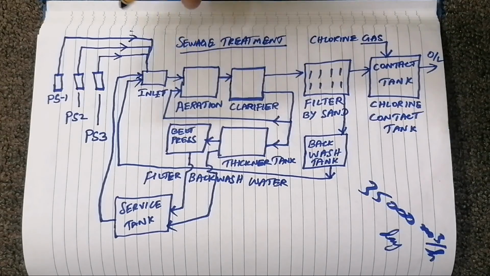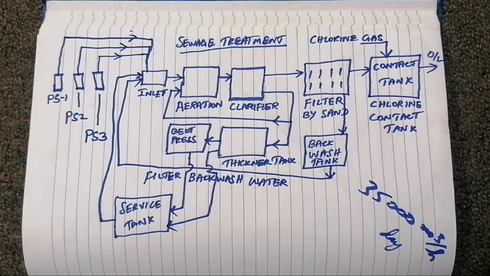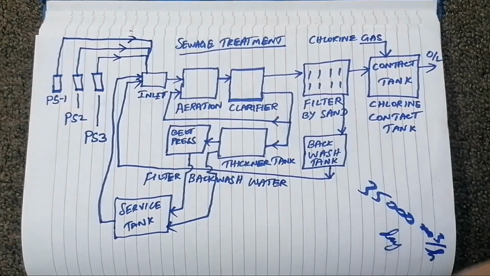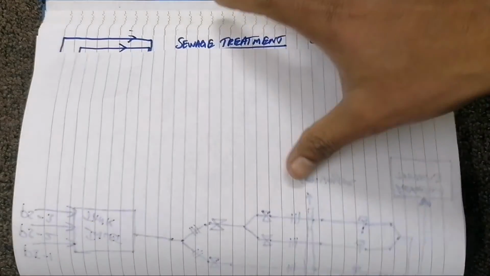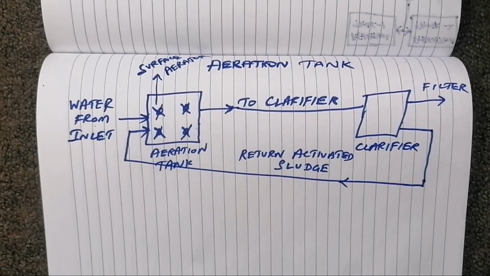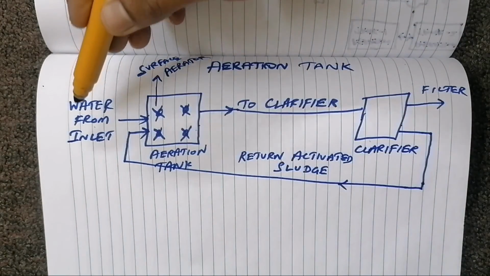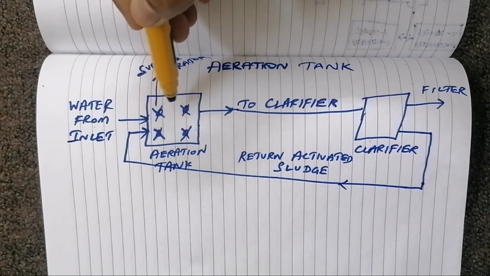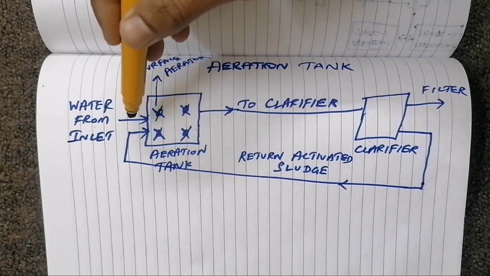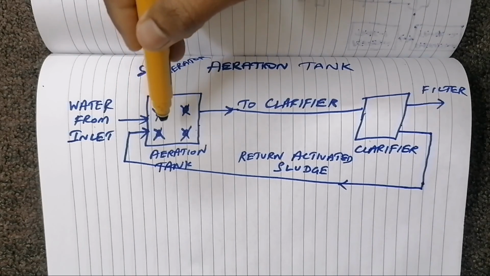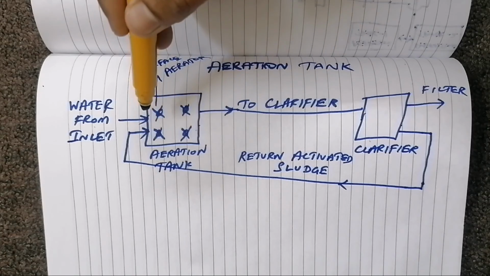I am showing you this particular aeration in detail in the next picture. You can see here, water coming from the inlet enters the aeration. The entered water contains a lot of ammonia, which is very toxic.